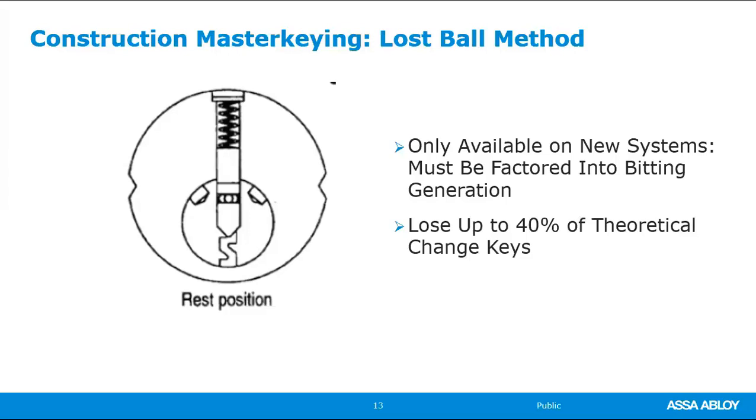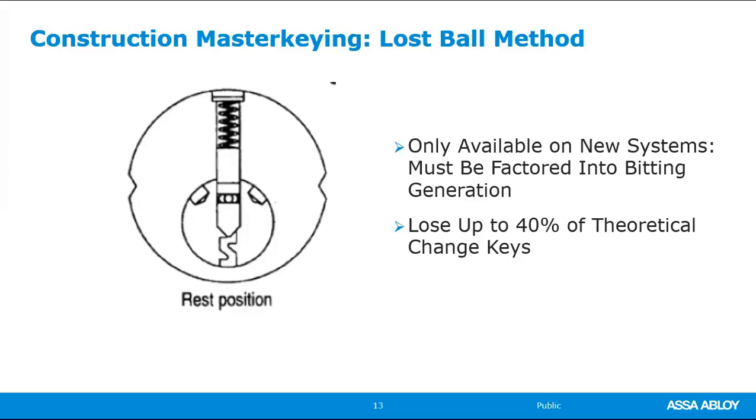Now, because you're using up a certain amount of changes with that construction ball, you've created shear lines using that construction ball, you could lose up to 40% of your theoretical change keys. Now, most of the systems, you're never going to get near using all of your theoretical change keys that are available to you.